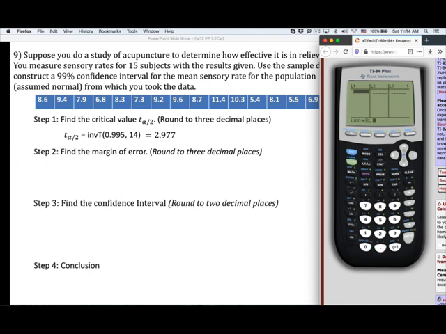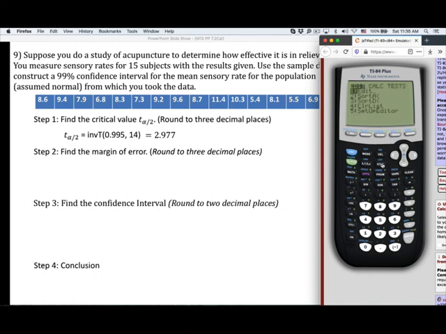We have 8.6, enter, 9.4, 7.9, 6.8, 8.3, 7.3, and so on. Okay, input the data. So we do have 15 data values in here.